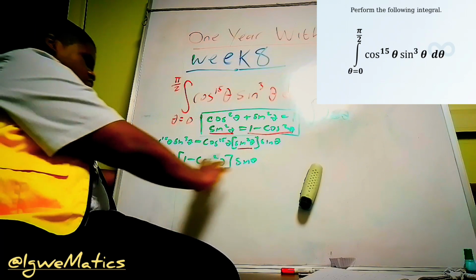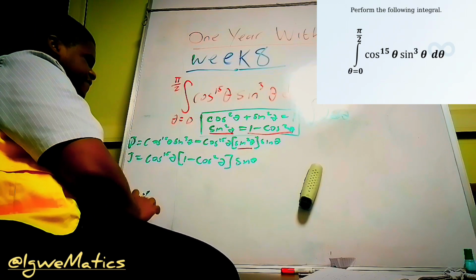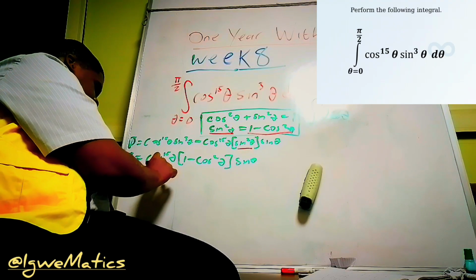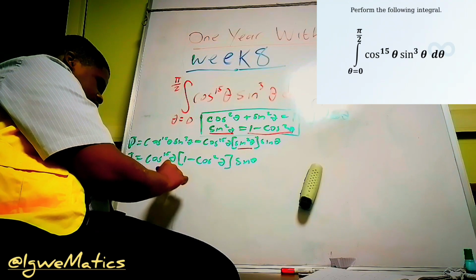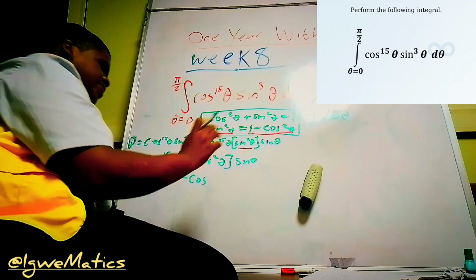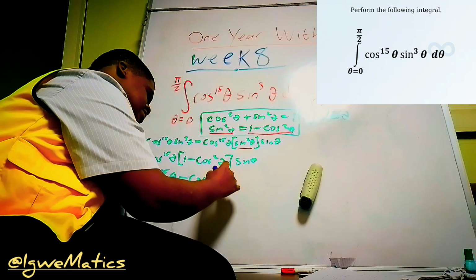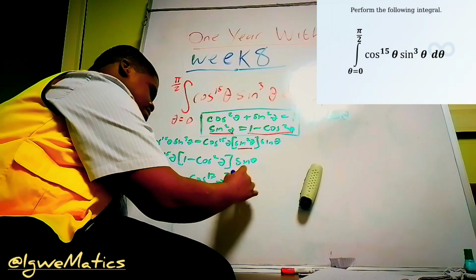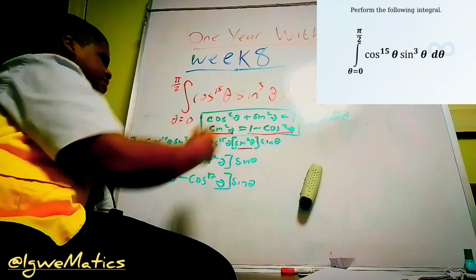If we expand this bracket, let's expand from the left first. We have J is equal to cos to the power of 15 theta minus cos to the power of 17 theta, since 15 plus 2 is 17, times sine theta. Now let's expand from the right.